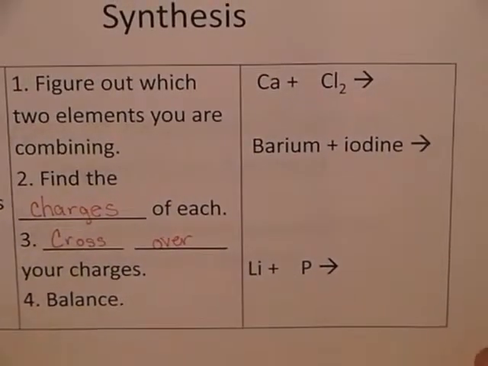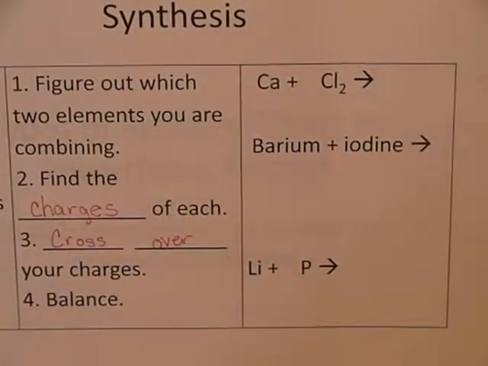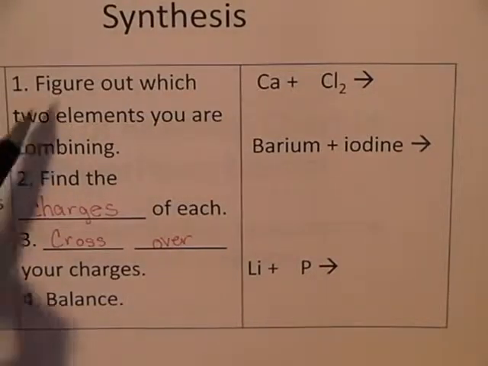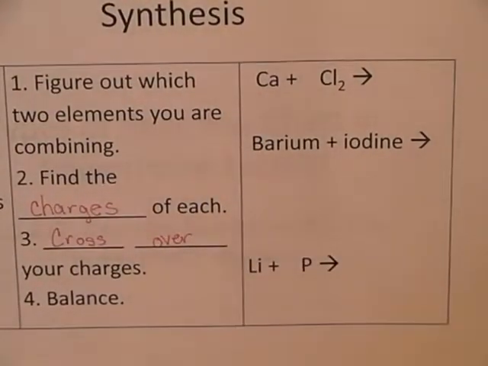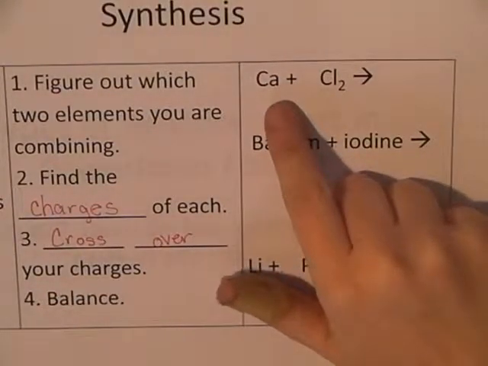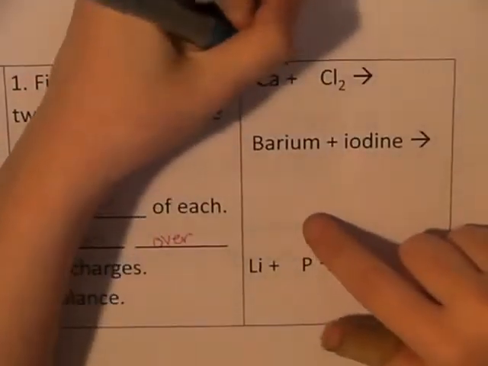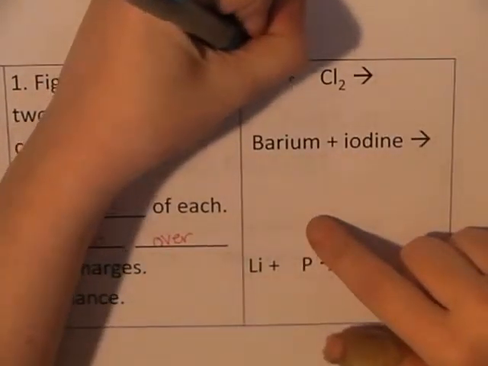Okay? So, first one, calcium plus chlorine. So all we need to do is figure out what that's going to make. Alright, so let's go ahead and follow our steps. The 2 elements we're crossing, calcium, chlorine, right? Find the charges of each. So if we're going to find the charge of calcium, what's the charge of calcium? Hopefully you are saying +2.